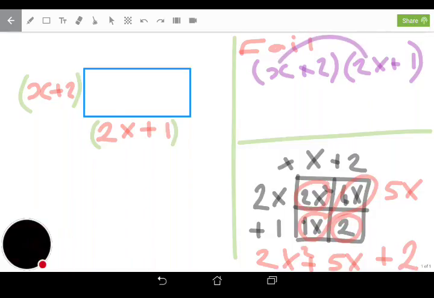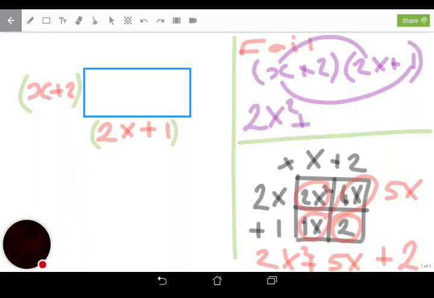I'm going to do x times 2x, which gives me 2x squared. Then I do my first, and then FOIL, the next one stands for outers, so I'm going to times these 2 together. So I'm going to go x times 1, which gives me 1x.